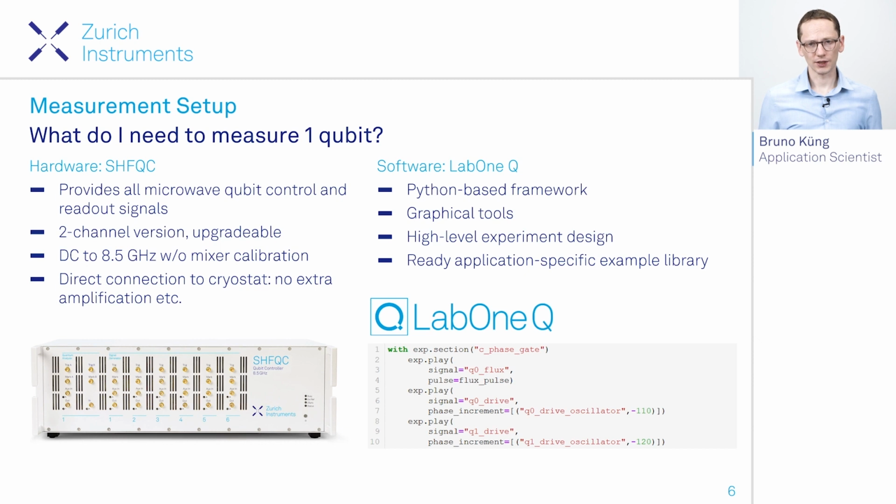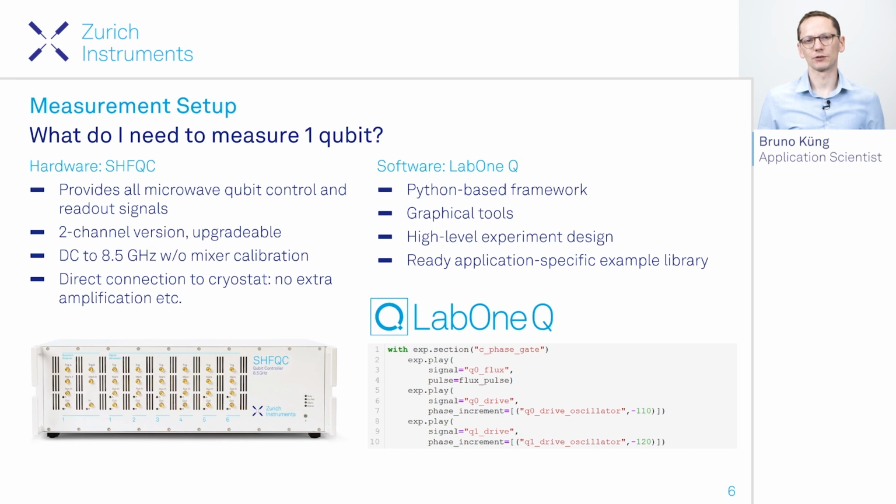And on the software side, with Lab1Q, we can provide a fully Python-based measurement framework enriched with graphical tools, for instance for pulse sequence viewing. This software allows you to design your experiments on a high level rather than programming instruments or hardware. And it comes with a ready selection of examples that are application specific.